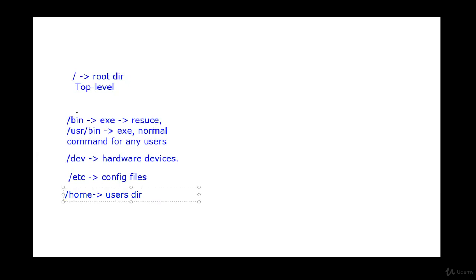For example, if you have a user called admin, you will have a directory called /home/admin, and all the data or all the work of the admin user is going to be stored inside this, right?